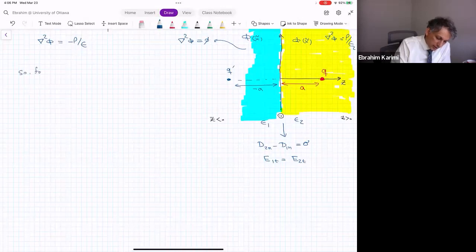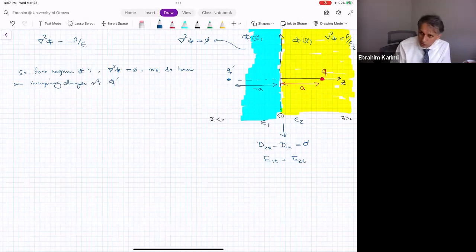So for region number one, which means the place that Laplacian of phi is equal to 0, we do have an imaginary charge, imaginary charge of Q prime.